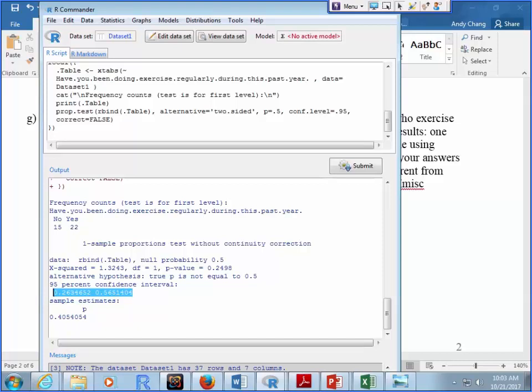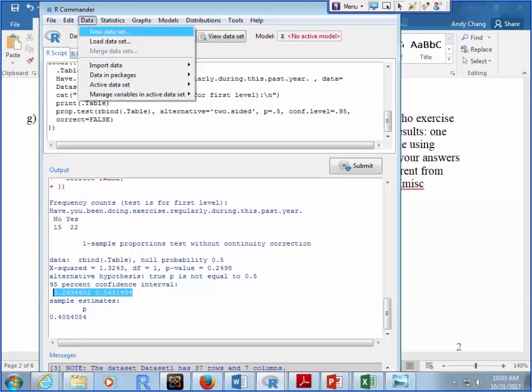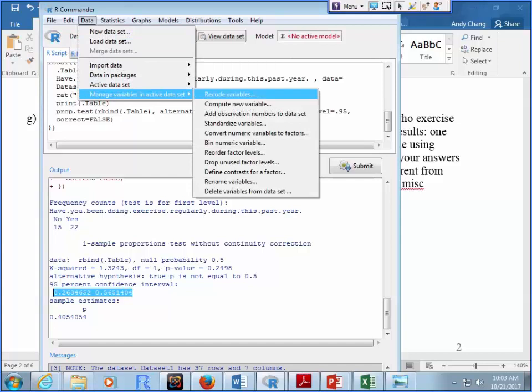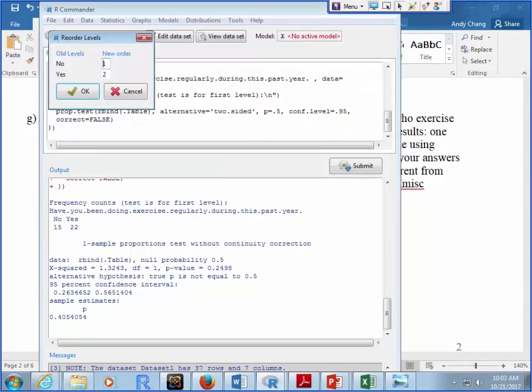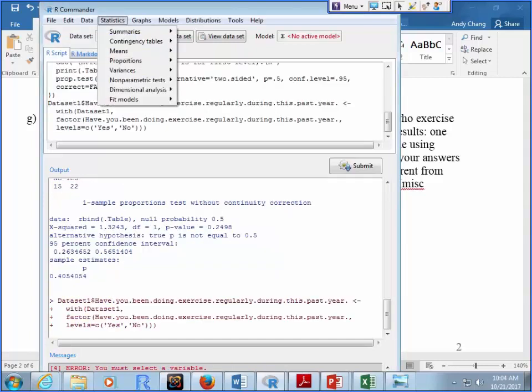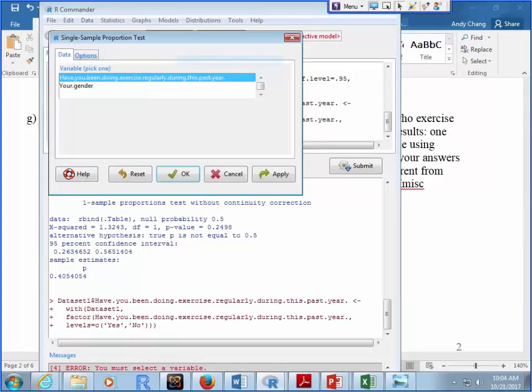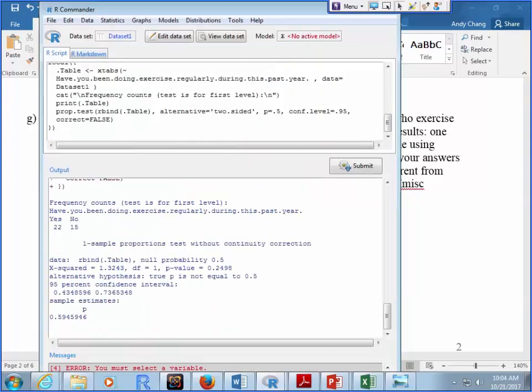So if you have 1 and 2, it'll estimate 1. In that case, you want to reorder your data. I think there's a way to reorder factor levels. Reorder exercise. No was 1, so it was estimating no. So you want to change them so that yes is the one estimated, and click OK. And if you rerun this again, then it'll be 59.45.